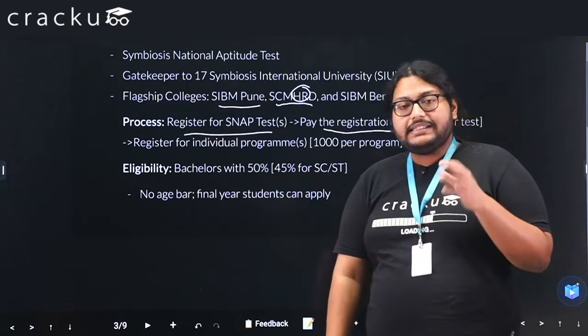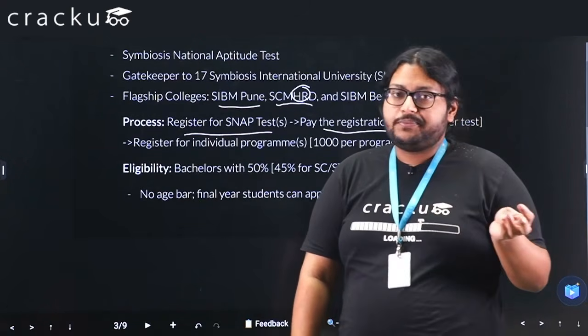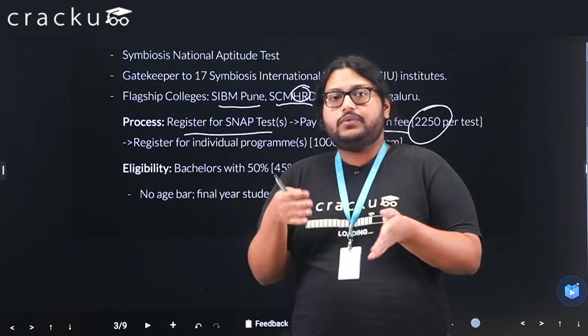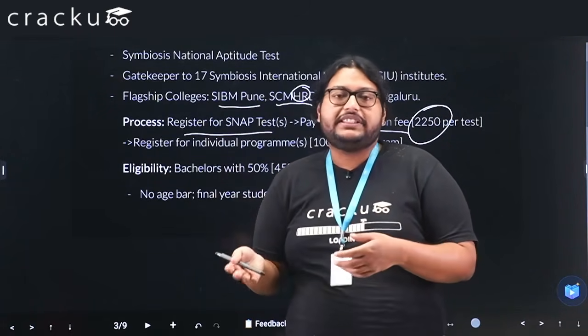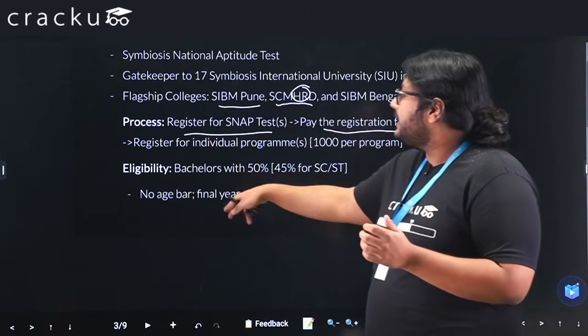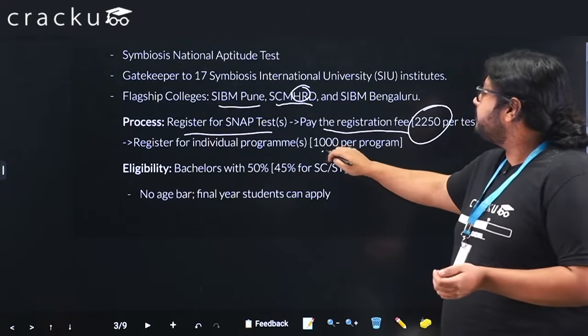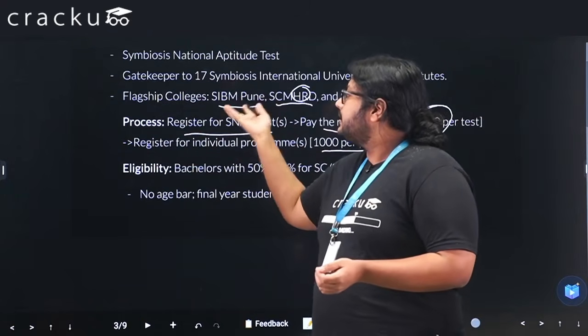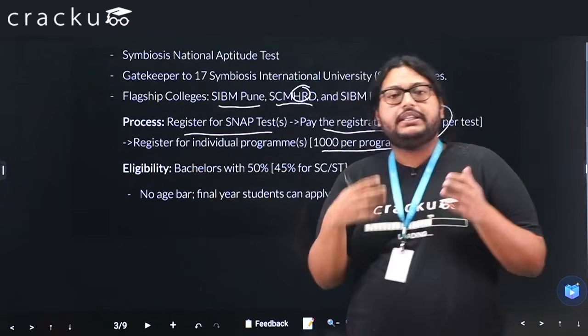SNAP as an exam is conducted 3 times. There is no normalization though. So if you want, you can appear all 3 times. Each time you need to pay 2250, and then there is an additional 1000 rupees per program. So if you are choosing, say, MBA in SIBM Pune, then you need to pay 1000.